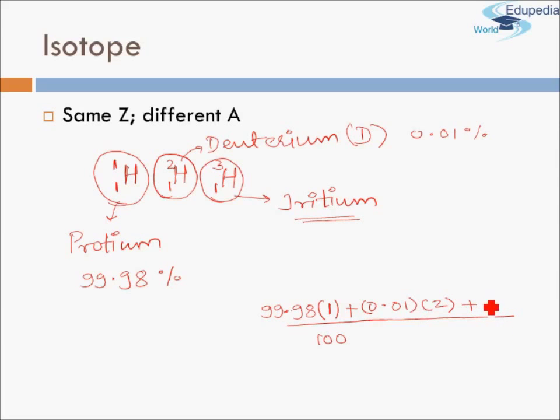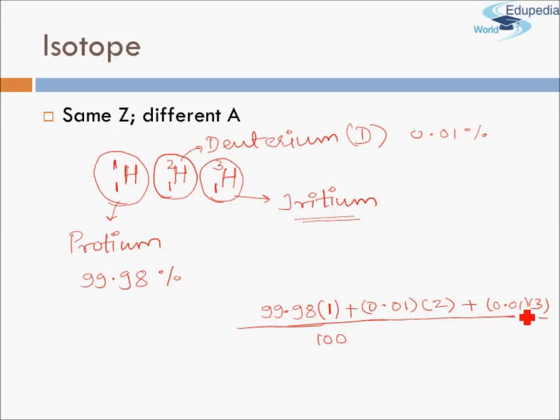Approximately another 0.01 is present in the form of tritium, which has an atomic mass of 3. So out of 100, this is the division of mass. 99.98 atoms will be present with atomic mass 1, some with 2, and very few with atomic mass of 3.